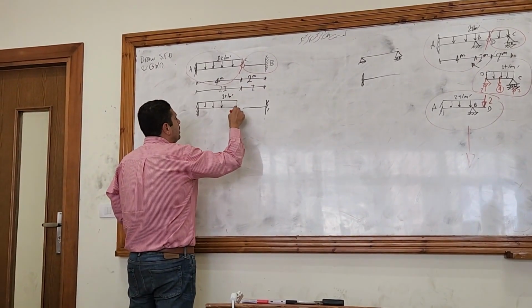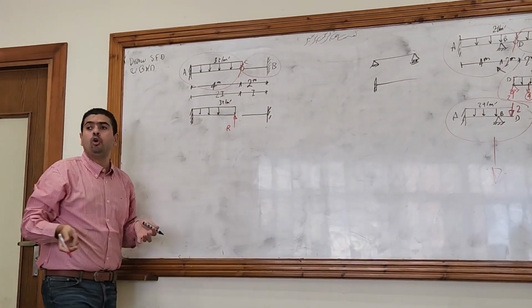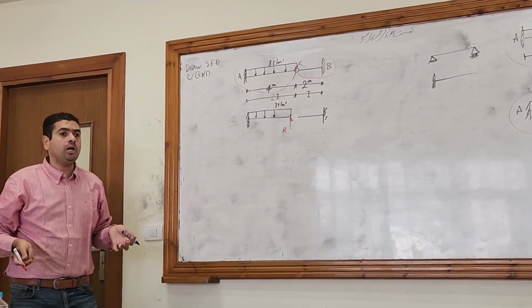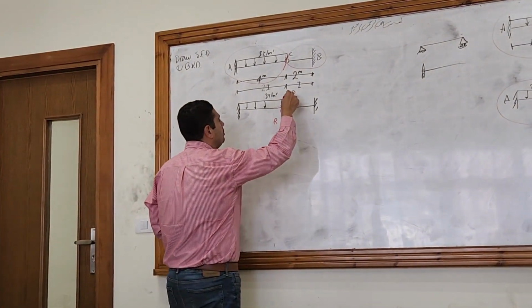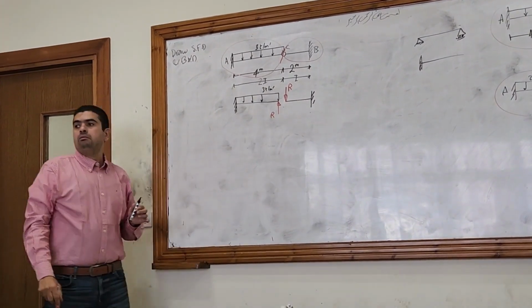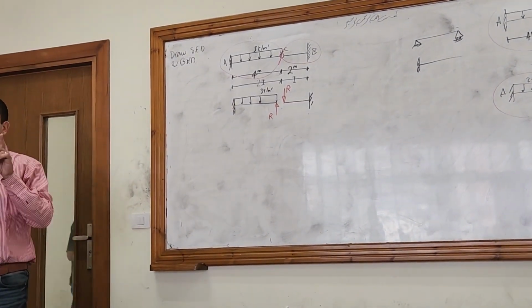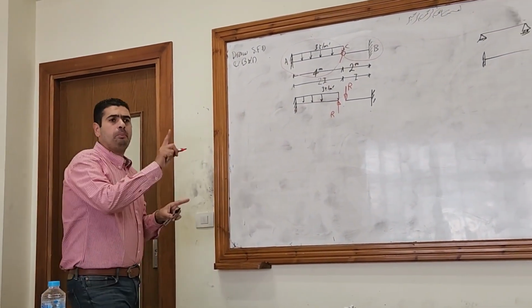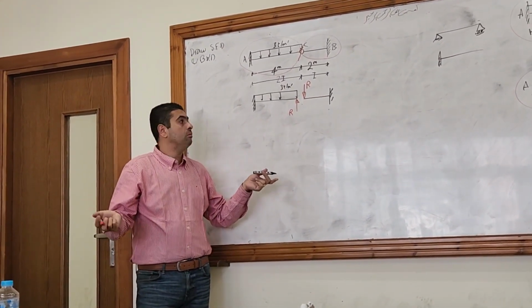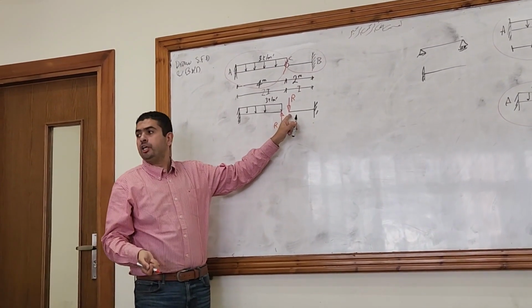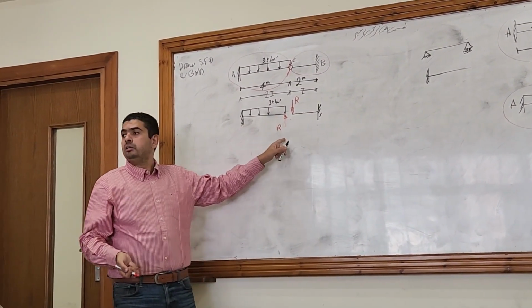Here will be a reaction that I don't know, called R, and in the other part it will also be R, but on the other side. Which will be up and which will be down, I don't know. You can put R here upwards and R here downwards.